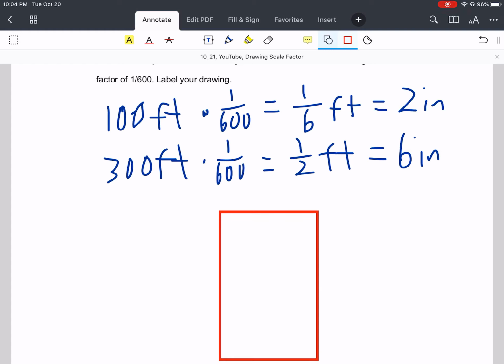I think that's a little short, but that's okay. I'm going to label 2 inches and 6 inches. So again, I found the new dimensions, and then I drew my rectangle. If you want to find the new dimensions on one sheet of paper and have all your drawings on the other, that would be perfectly fine.